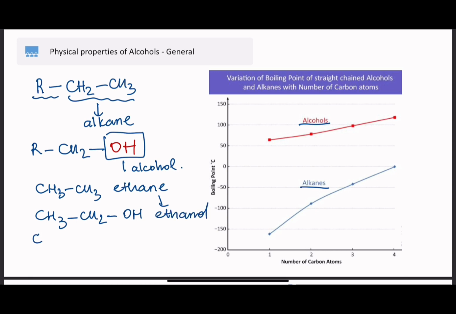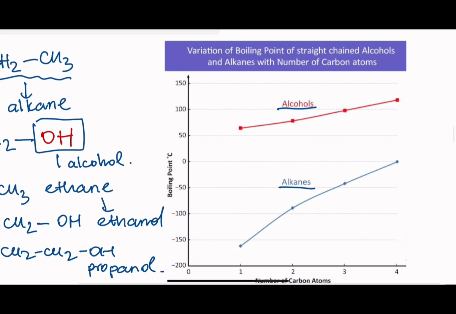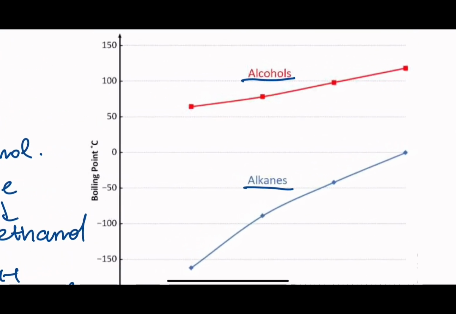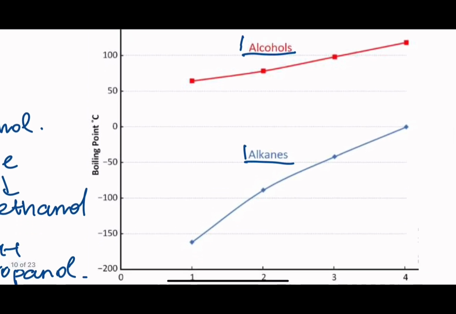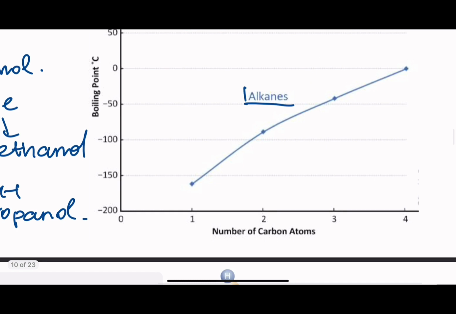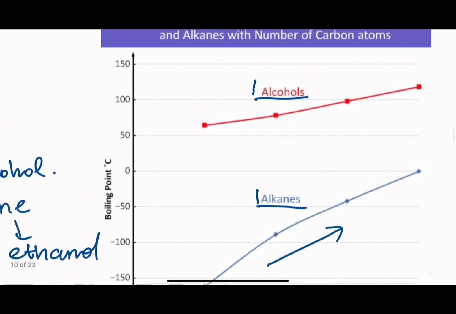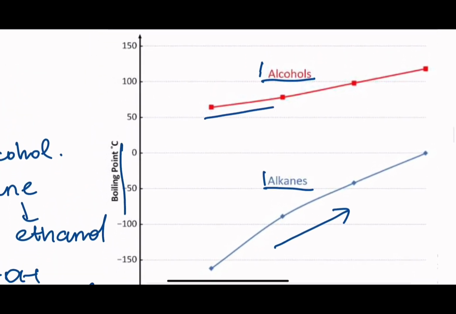And likewise, if I have 3 carbons, CH2 and OH, it will be propanol. Okay, so now if you take a look at this, I have alcohol and alkane. As you see, as the number of carbon atoms increases, alkanes have lower boiling points than alcohols.